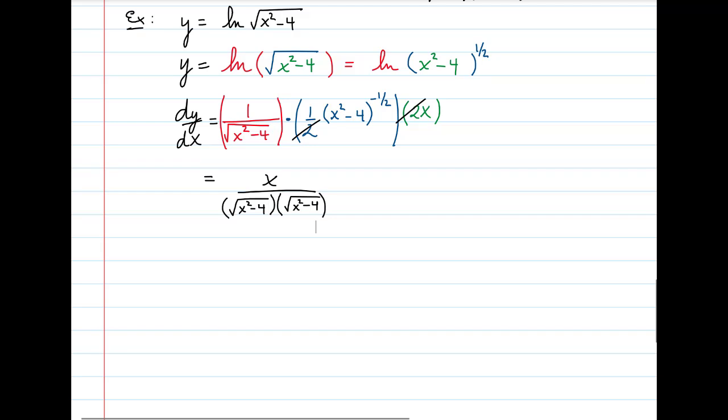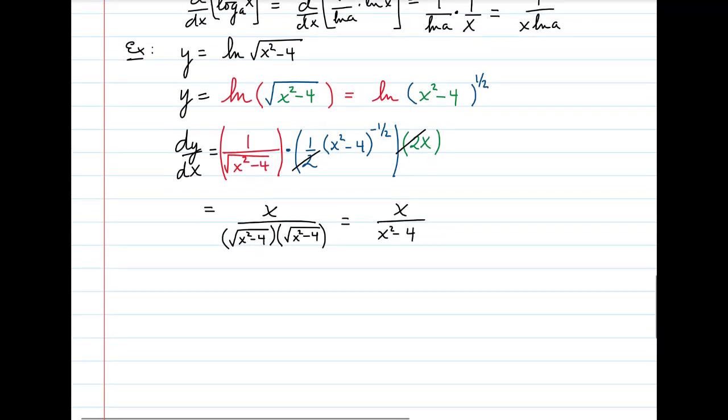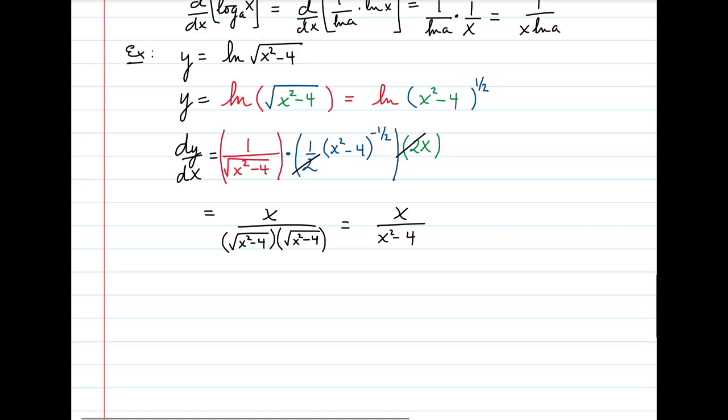This term in blue, because the exponent is negative, can come down to the denominator, and the 1/2 exponent is really the square root. Notice how these two are the same. You can combine them into 1 and the root will go away. So the final answer would be x over x squared minus 4. This is our final answer for the derivative of this function.